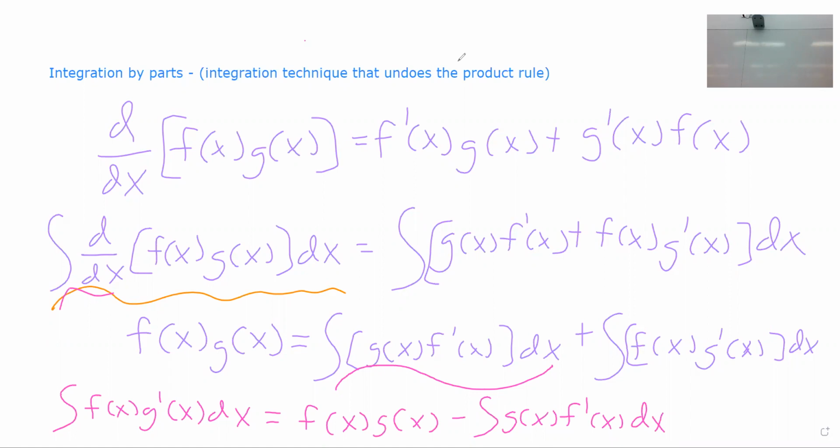Going from the second to the third line, we were taking an integral of something that is a derivative. So first we take a derivative of this object, then an integral. That's where we lose the integral. Once you lose that integral, it's just this object for the rest of the calculations, and that's why it still is f of x times g of x here. Excellent. Any other questions?